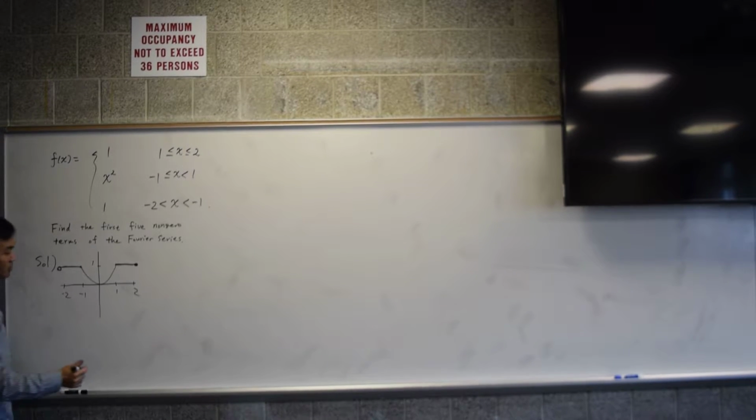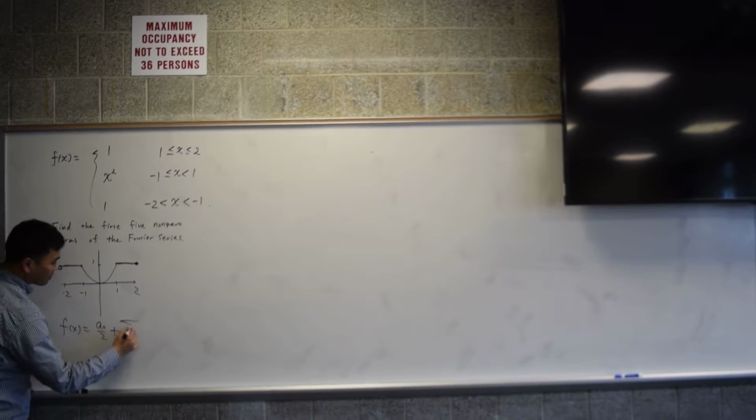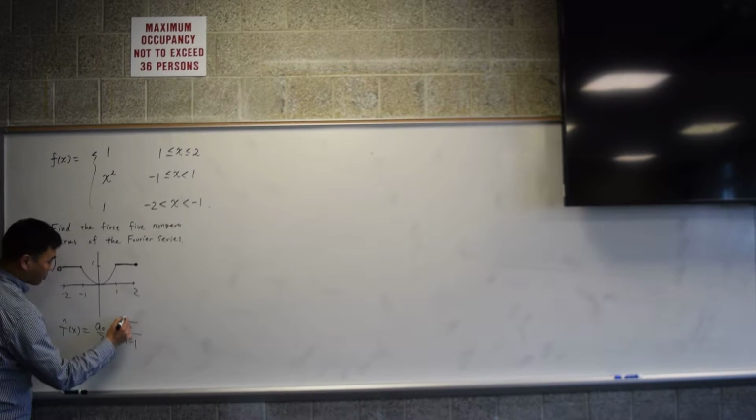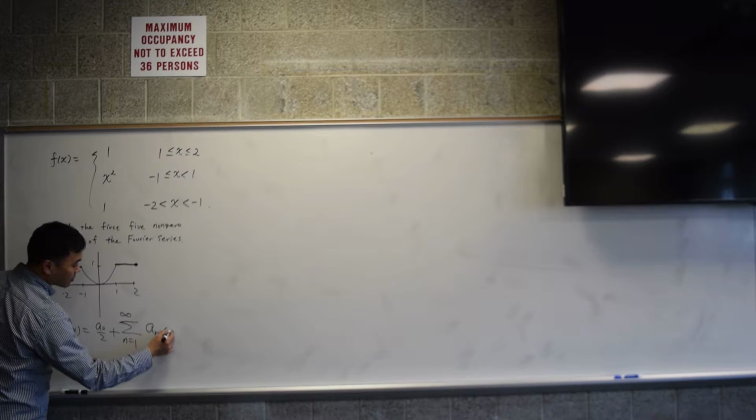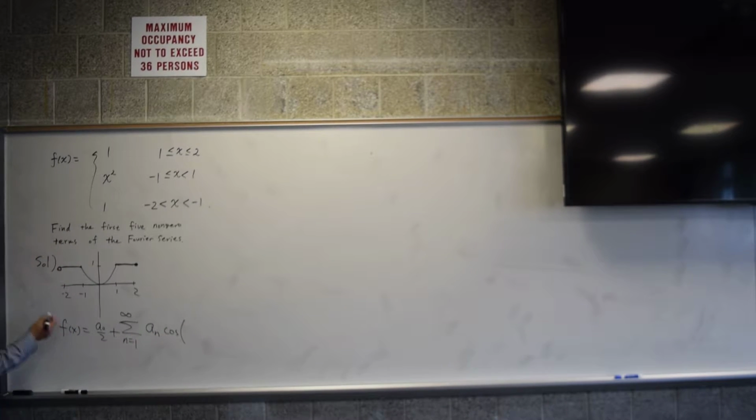Since it's even, the function will be a0 over 2 plus sigma, n from 1 through infinity, an cosine. What's the value of L for this case? 2. Right?